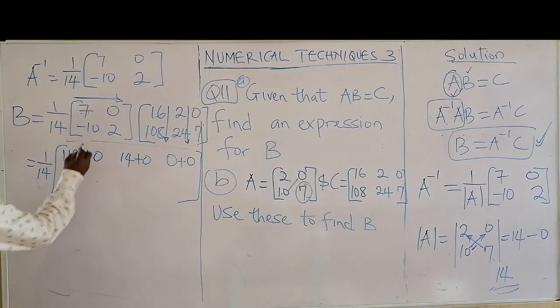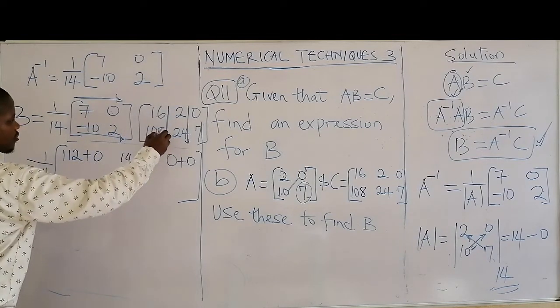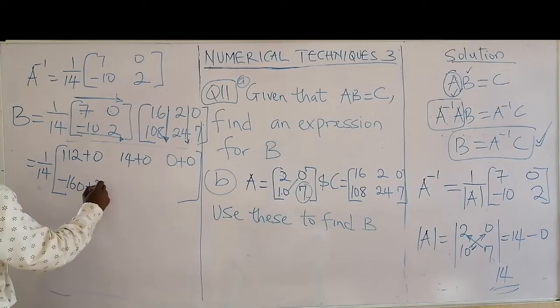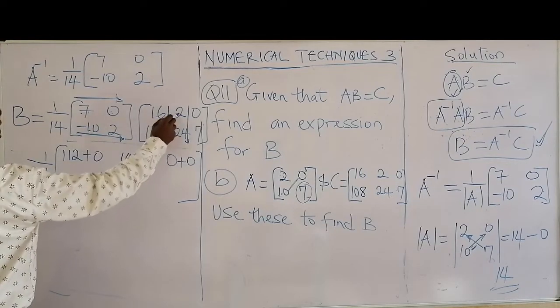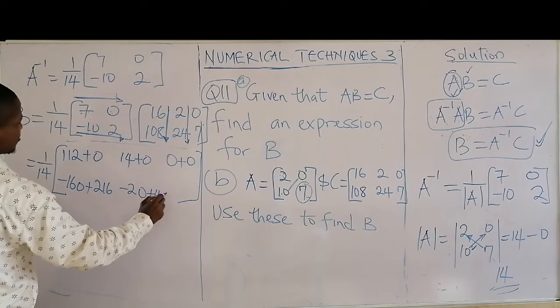For the second row, you repeat the same process against the first column. Minus 10 times 16, that's minus 160, plus 2 times 108, that's 216. Also, minus 10 times 2, that's minus 20, plus 2 times 24, that's plus 48.